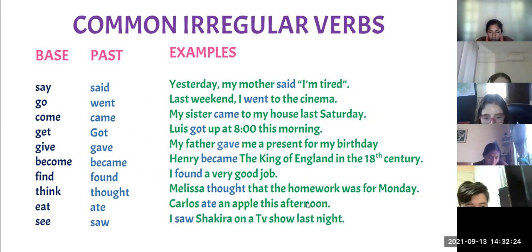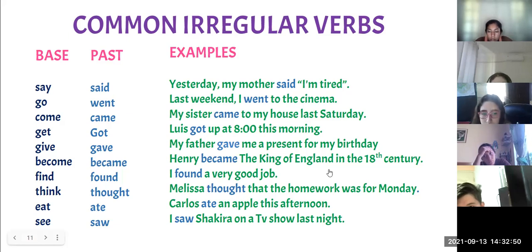And the last one, saw. I saw Shakira on a TV show last night. What can you say with saw? I saw Dorama. I saw Betty La Fea this afternoon. Yes, you can say that.